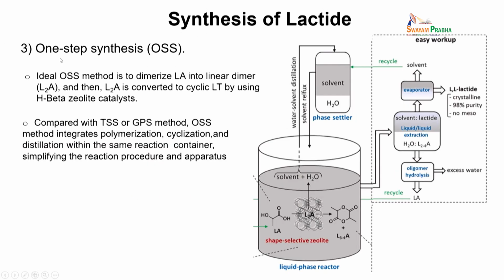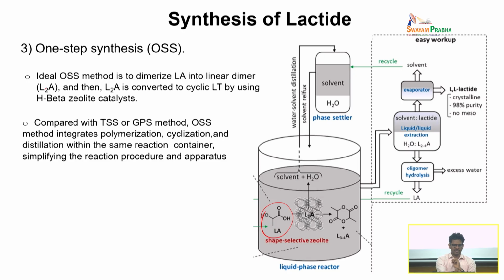The third approach is what is called one-step synthesis. In the one-step synthesis, we use again a zeolite kind of catalyst. You start with monomeric lactic acid. It is done in a liquid system. You use a catalyst, and ideally you want to make a dimer, which is lactide. But generally, the reaction is not exactly controlled.